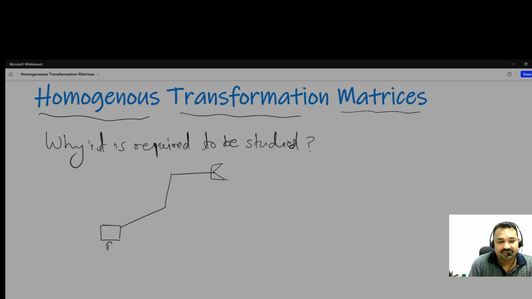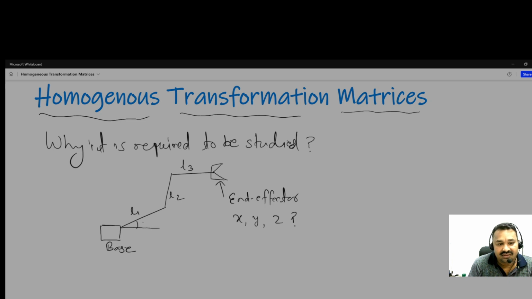This is the base of the robot and these are the links. Suppose L1, L2, L3 links and this is the end effector. Now we want to know where our robot is. So what is the X, Y, Z of our robot? What about orientations?